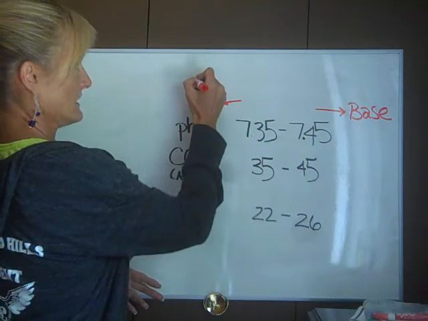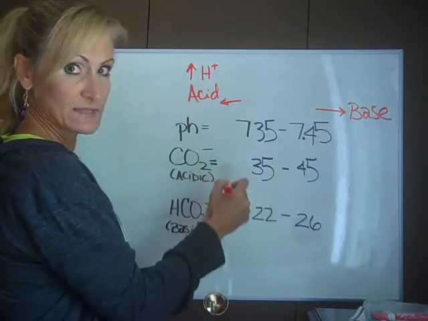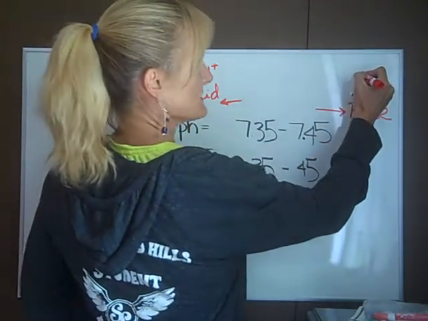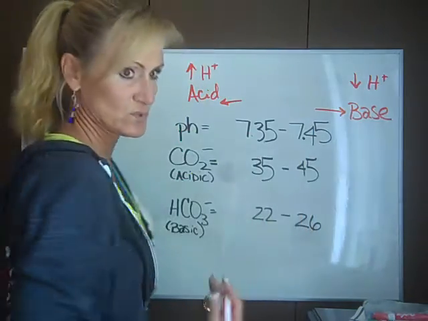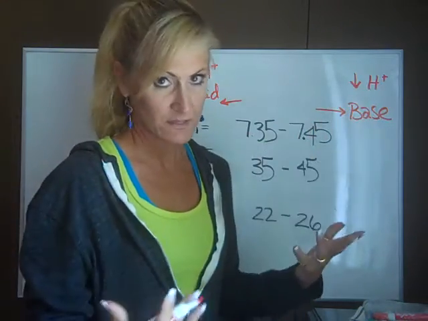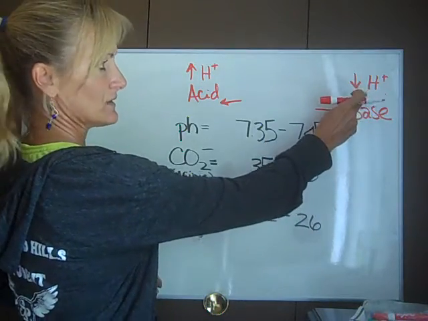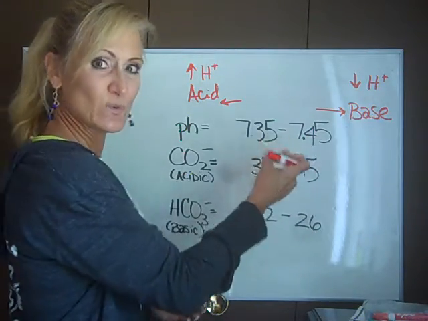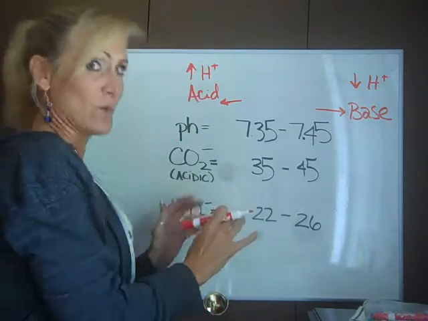Down here has a higher concentration of hydrogen ions in the serum. This has a lower concentration of hydrogen in the serum. I know that's confusing because lower hydrogen actually equals a higher pH, and higher hydrogen equals a lower pH.